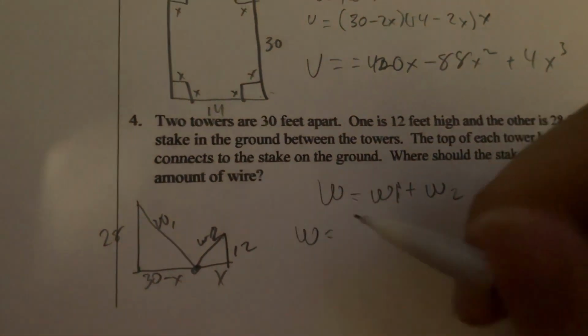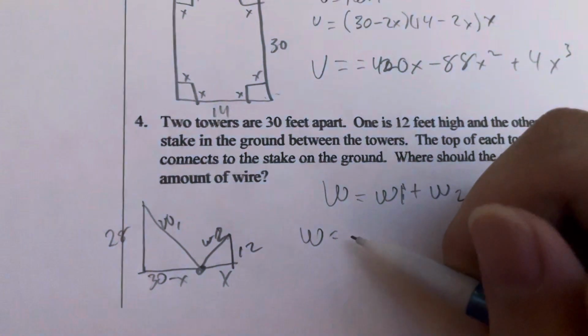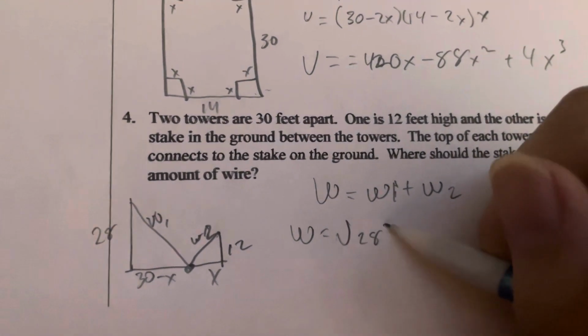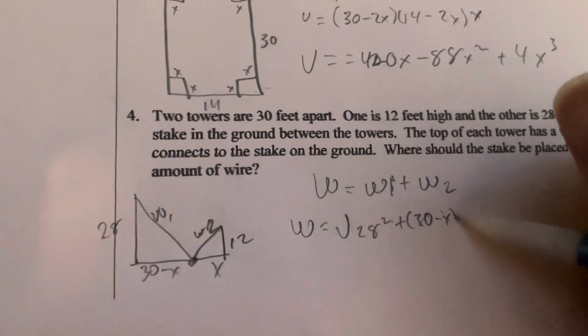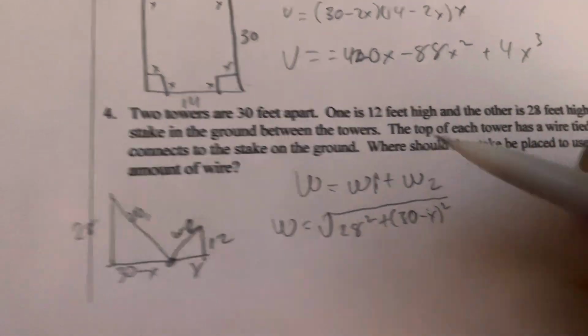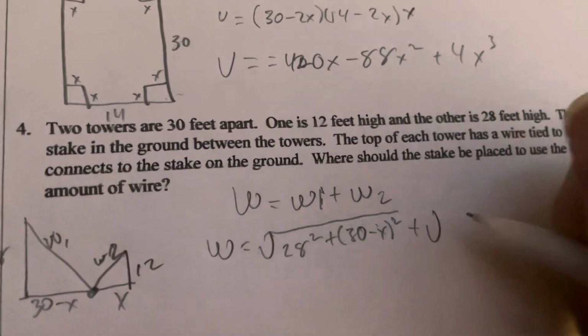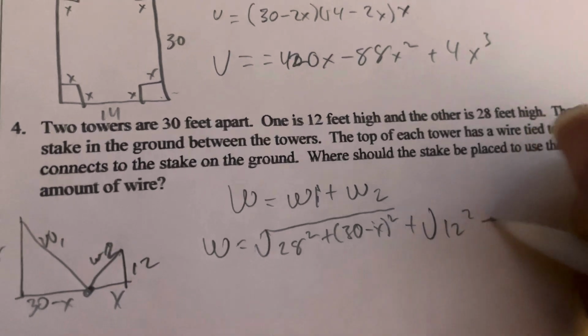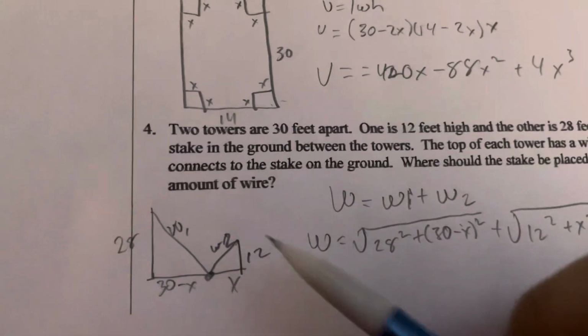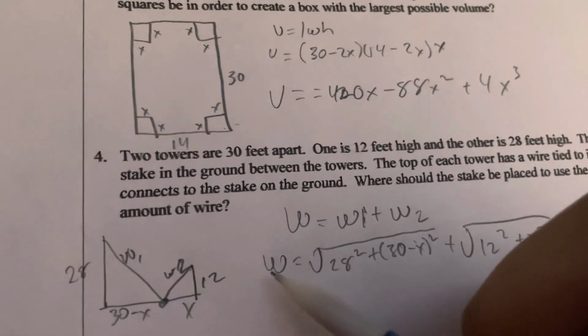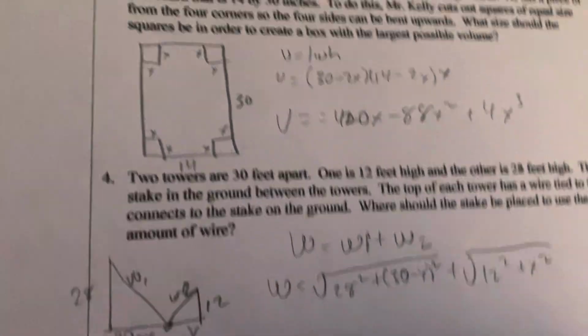So this is equal to the square root of 28 squared plus 30 minus x squared, plus the square root of 12 squared plus x squared. And we're going to use this formula to find where the stake should be to use the least amount of wire.